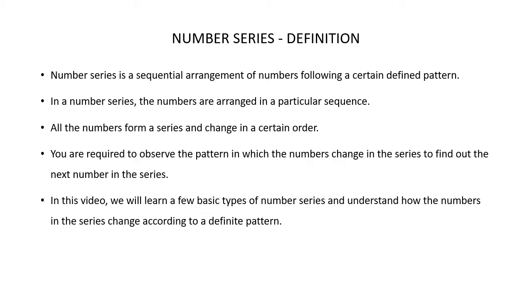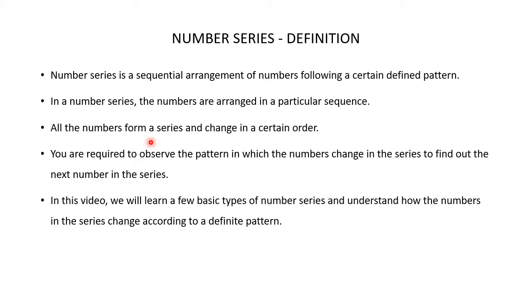So let's understand what is number series. Number series is a sequential arrangement of numbers following a certain defined pattern. This means that the numbers in a series are arranged in a particular sequence and they change according to a definite pattern.